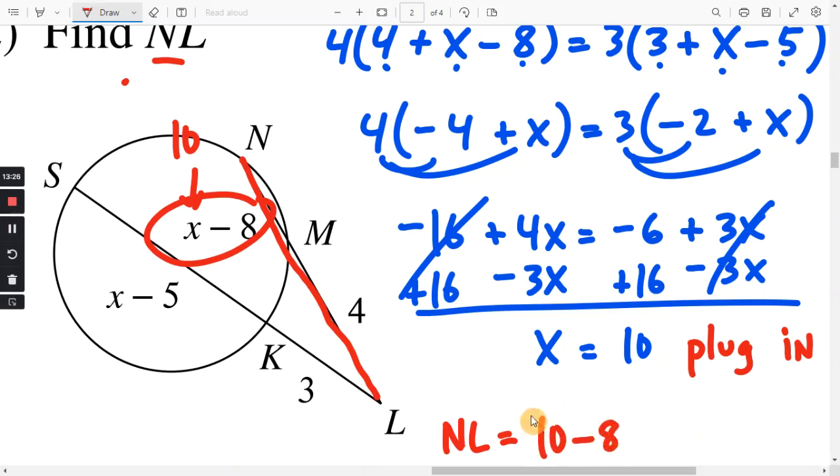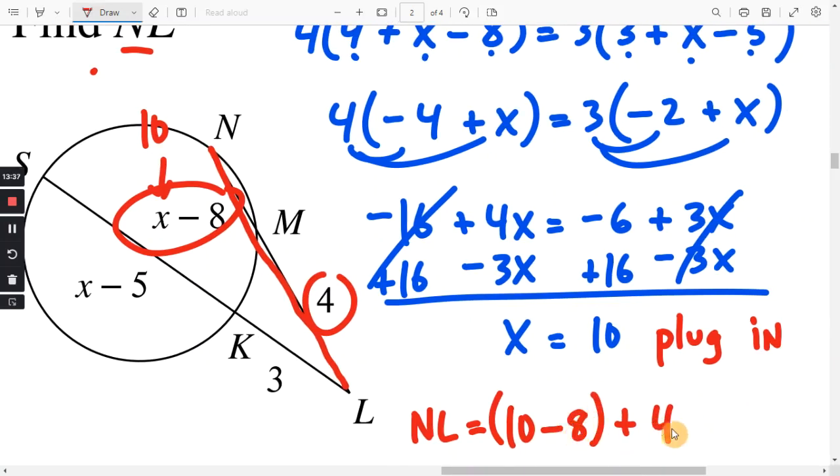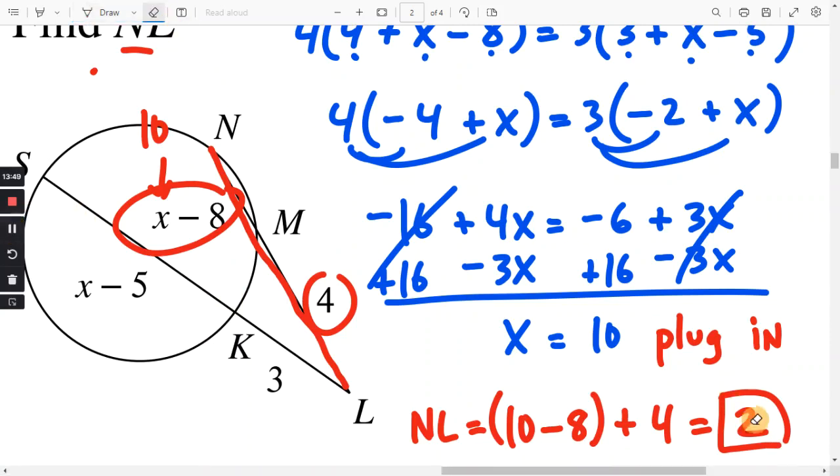You can use parentheses, but you don't have to. And then we're going to add this piece here, which is just 4. So pretty simple. 10 minus 8 is negative 2, plus 4 is positive 2. Nope, that's a mistake. 10 minus 8 is positive 2, plus 4 is 6.